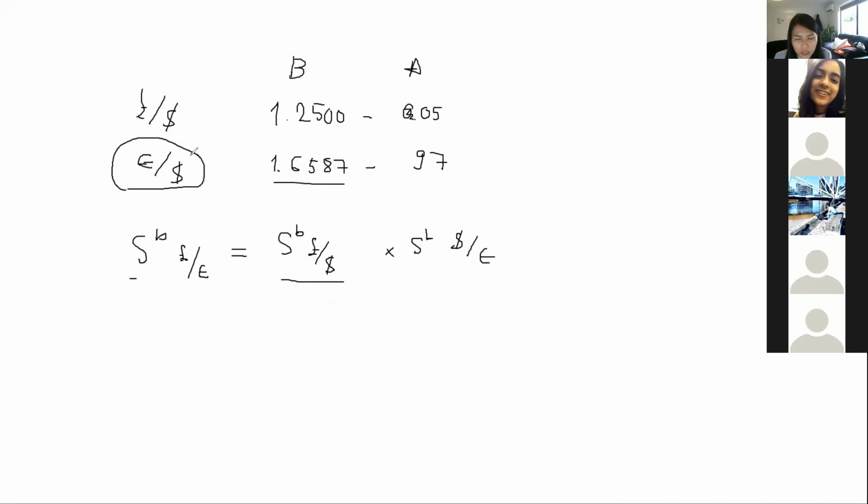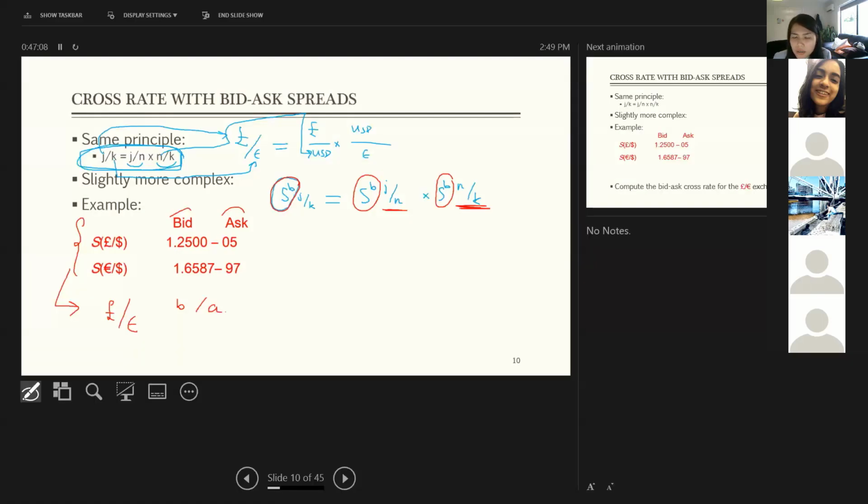So euro over dollar. Does that make sense? These are both over dollar? Yeah, let me go back to my slide. Yeah, so it's the euro over dollar. I just made this example up just to show you how to do the cross rate calculation. So it's not related to your lecture slides. All right.